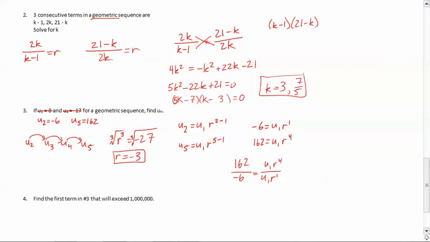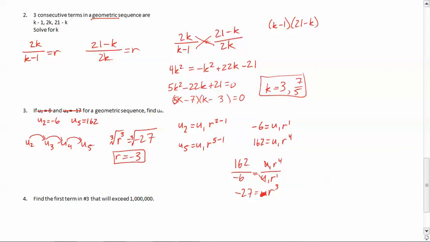Because those two things are equal. So you can divide one side by one and one side by the other, and it should come out to be the same. The u's would cancel out. 162 divided by negative 6 is negative 27. And then subtract so that it would be, sorry, not u, but r to the third power. And so from that point, you would still have to take the cube root.